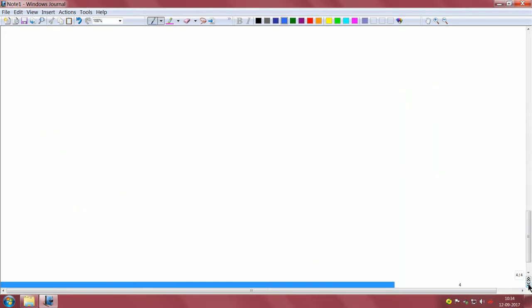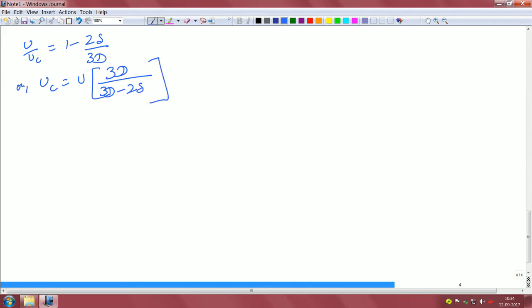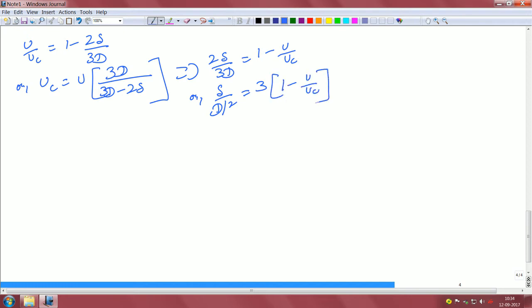Then uc is equal to u times 3d divided by 3d minus 2 delta. Or in other words, from here you get 2 delta by 3d into 1 minus u by uc, or delta by d by 2 is 2 by 3 into 1 minus u by uc.